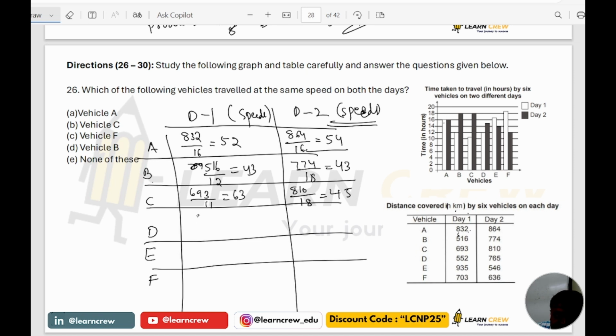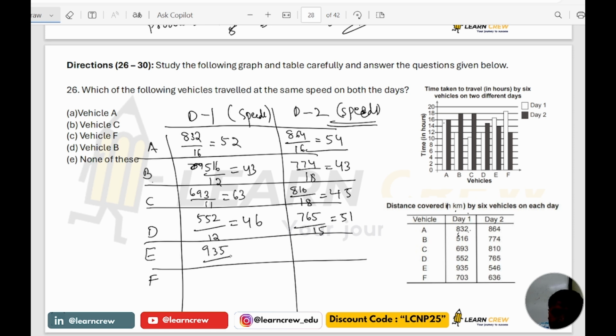On the first day, the distance covered by D is 552 and the time taken is 12. So 552 by 12 is 46. And what about D on the second day? 765 in 15 hours. So it is 51 kilometers per hour. What about E on the first day?